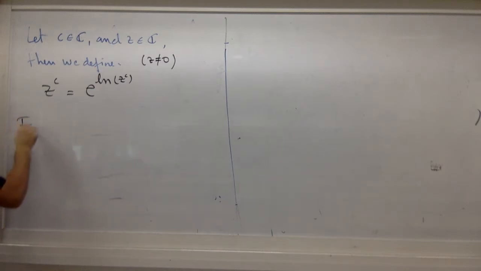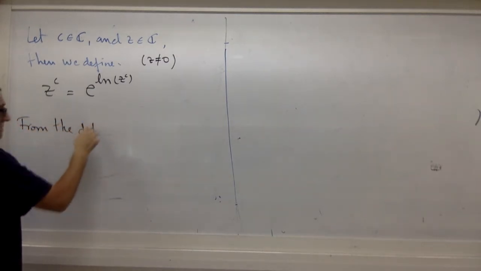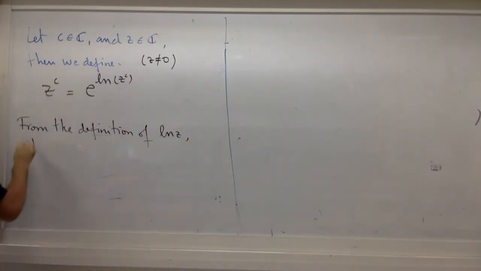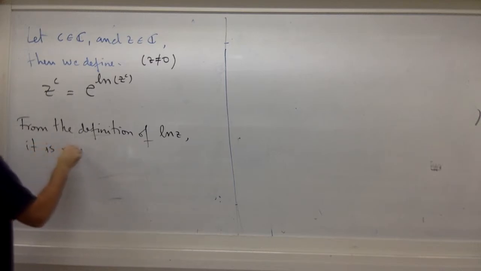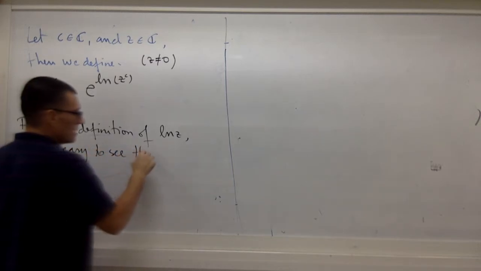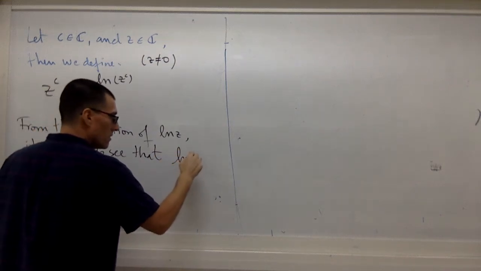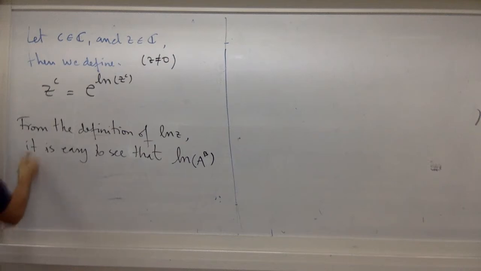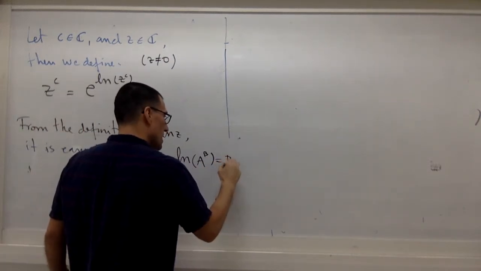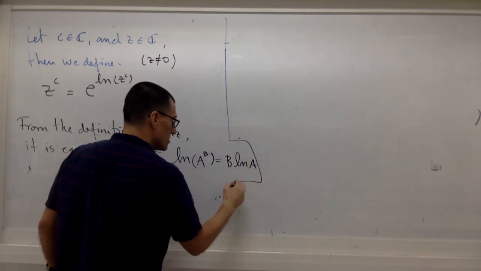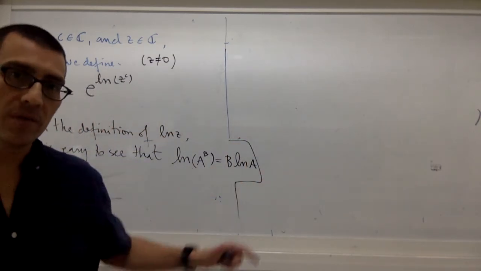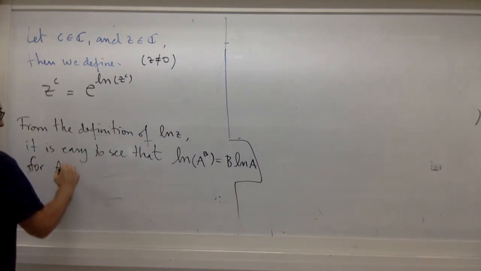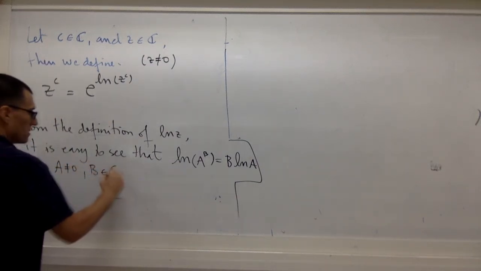So from the definition of the logarithm of z, it is easy to see that the logarithm of a to the power b is b times the log of a, true? Well, because the complex logarithm for a nonzero and b complex, okay?